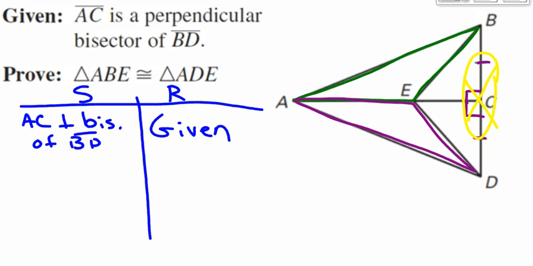What can help me, though, is because this is the perpendicular bisector of the big segment BD, I know that these two segments are going to be congruent, because that's my definition of perpendicular bisector. So I'm going to say that AB is congruent to AD, and that's going to be definition of perpendicular bisector.